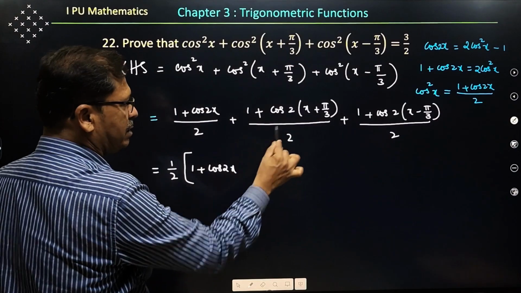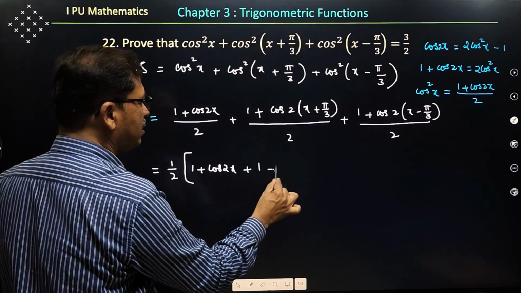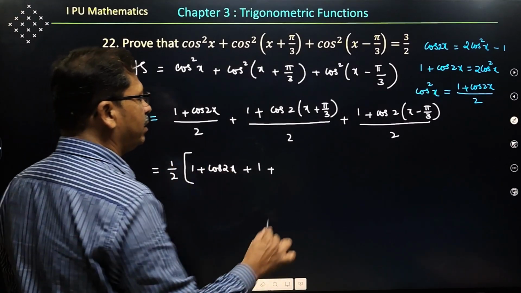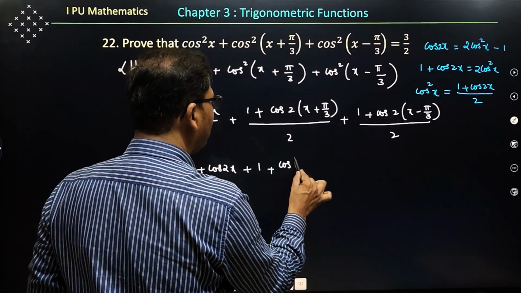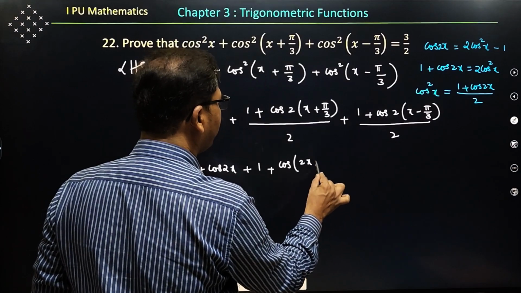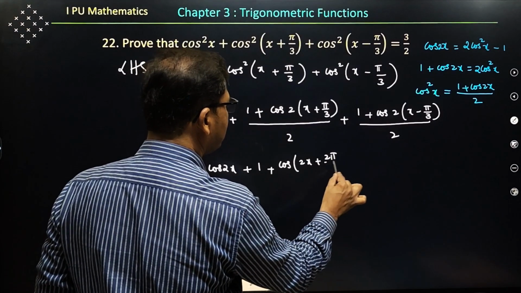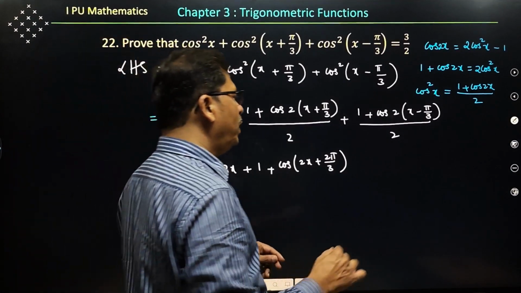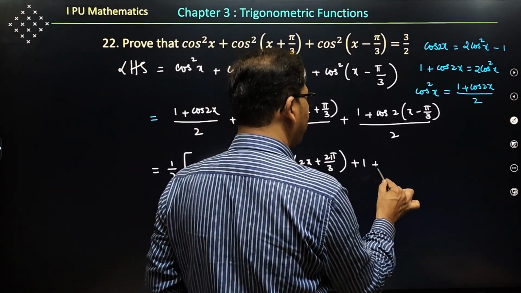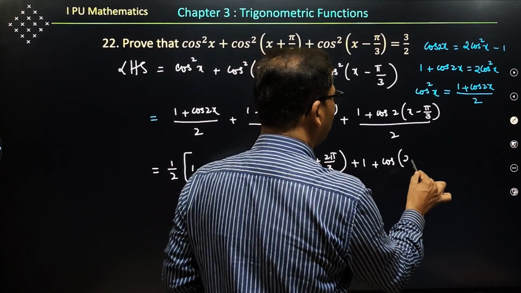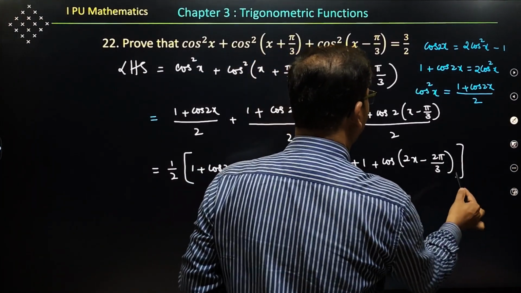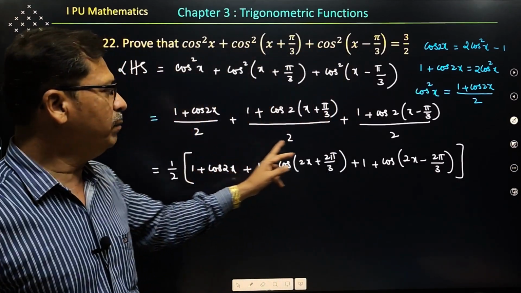Here in the second case, what remains? 1 you write plus, I told you already, 2 you need to multiply inside. Cos of 2x plus 2 pi by 3. Next, 1 plus 1 plus cos of 2x minus 2 pi divided by 3. Where have all these 2 gone?